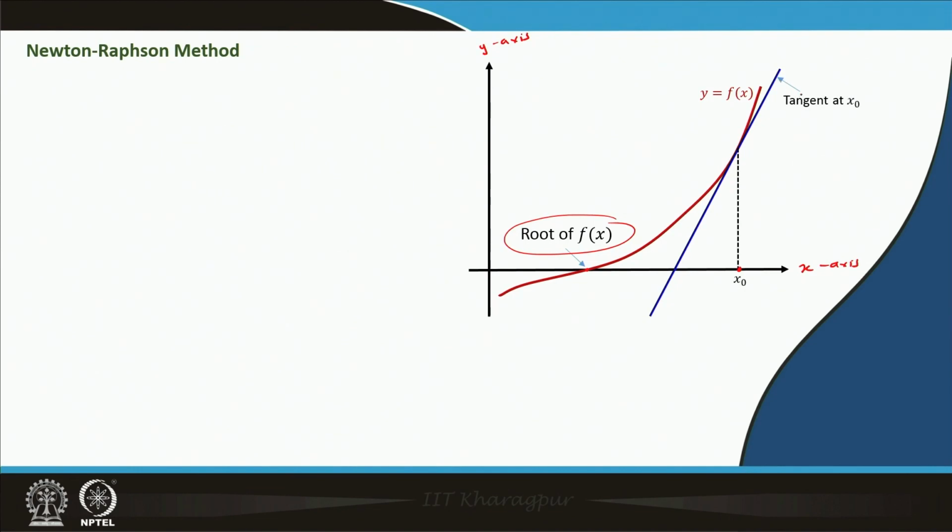This is the tangent at the x naught point, and let us call this point P, which has the coordinates x naught and f x naught, and suppose this is the point x 1. Then from this triangle, what do we observe?